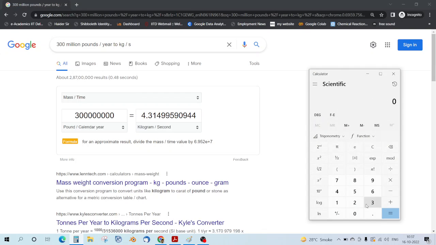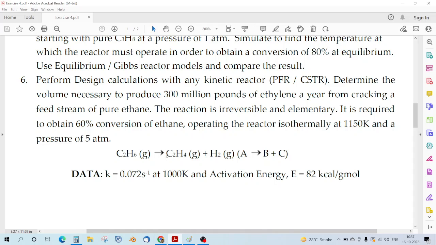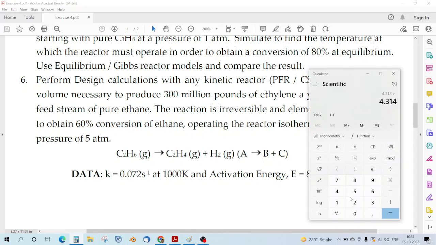It's 4.314 divided by, so the molar mass of ethylene would be 24 plus 4, 28. So we divide it by 28, and we get this amount of kilomoles per second.